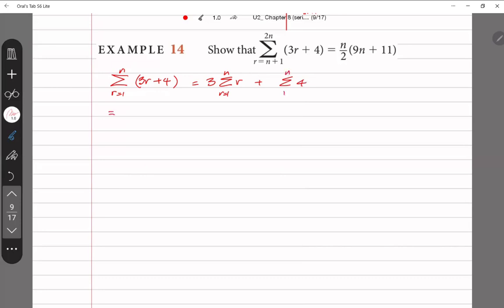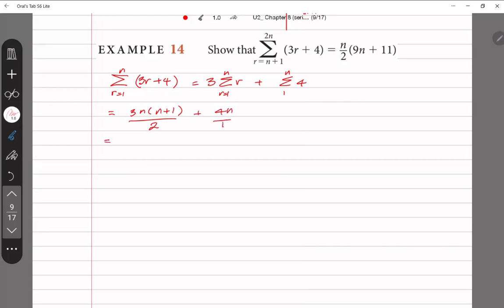This would work out to be 3 into n, 3n into n plus 1, all over 2, plus 4n over 1.